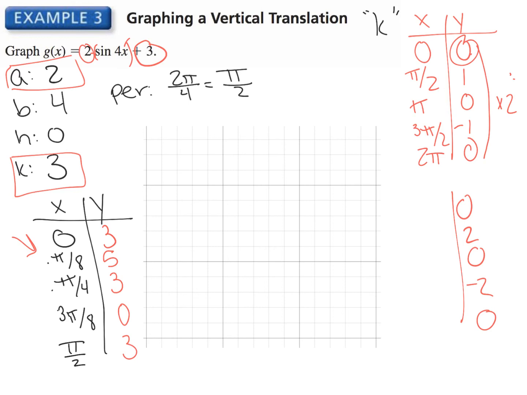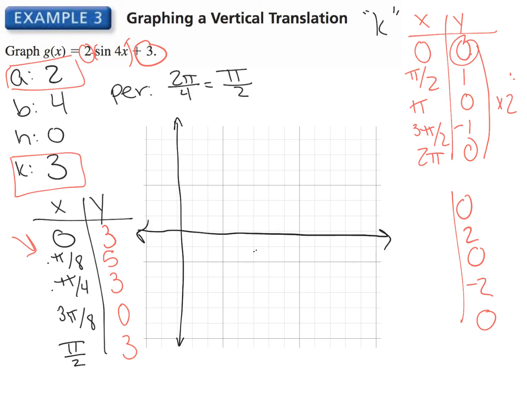All right, so let me go ahead and label my axes out. If you notice, most of the time I kind of gear towards the left side of my axes just because we're starting at 0 and we're going in the positive direction. Once we get a horizontal shift in, you'll want to center a little bit more out, but we'll get there.